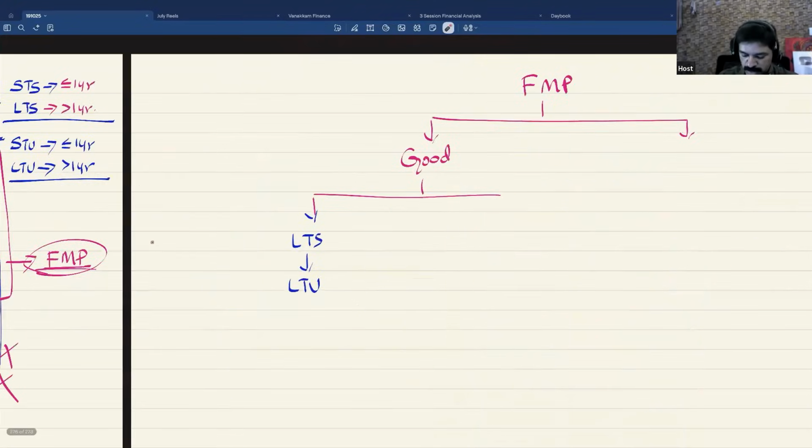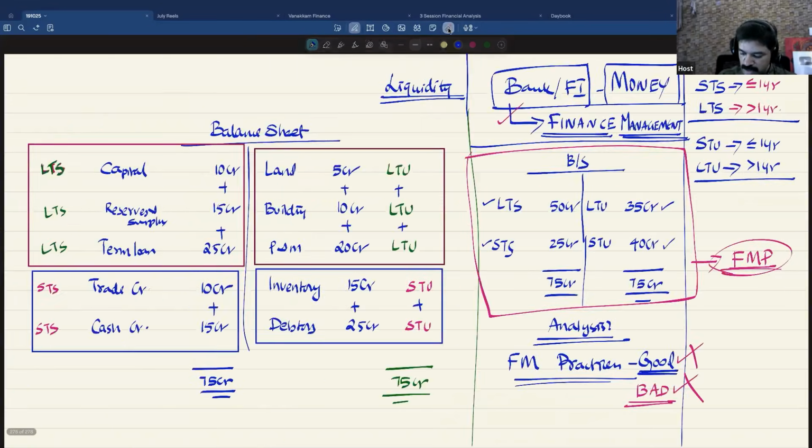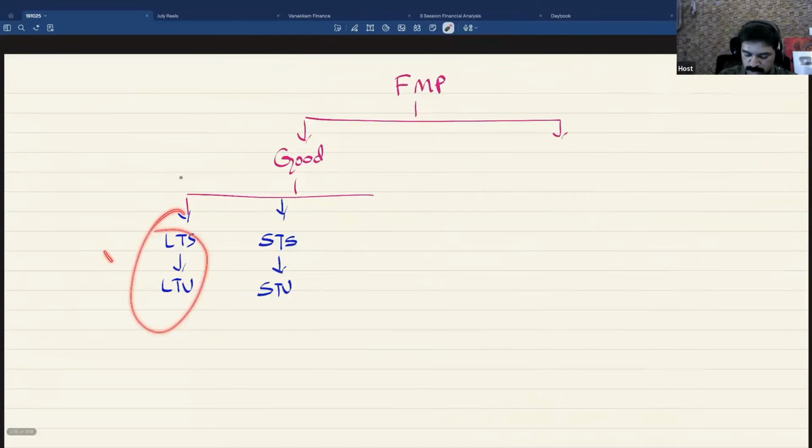Okay, so they did that. The good financial management practices also says they can raise funds from short-term source and they can use it for short-term use. And if you go and see here also, you can see, yes, they raised 25 crore. It seems they have used entire 25 crore plus something more also.